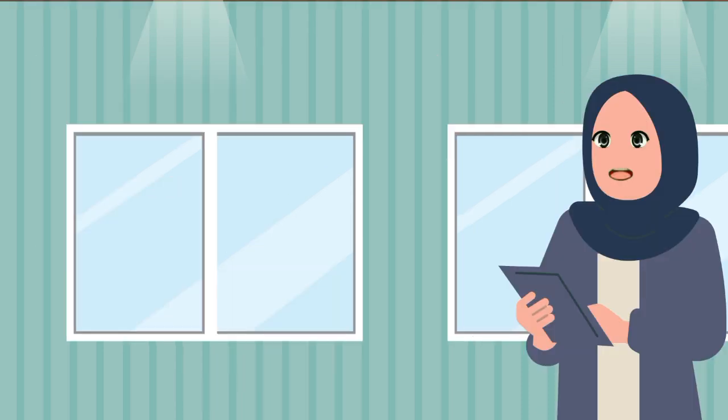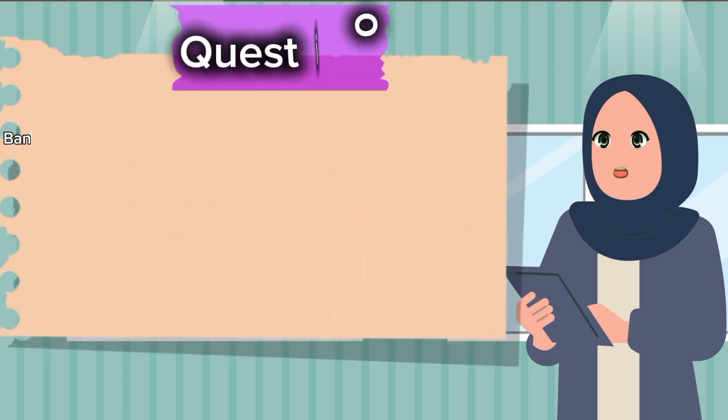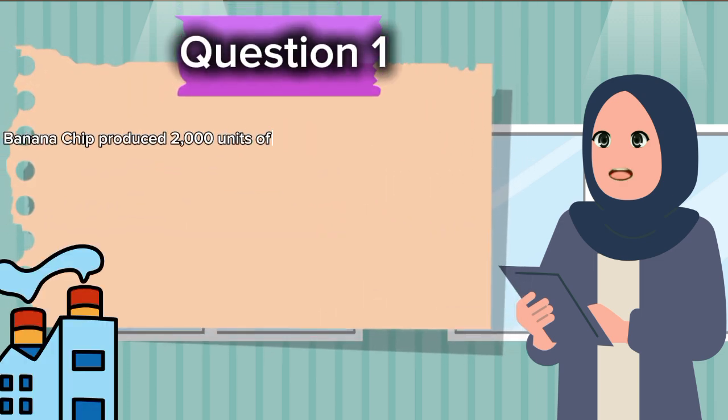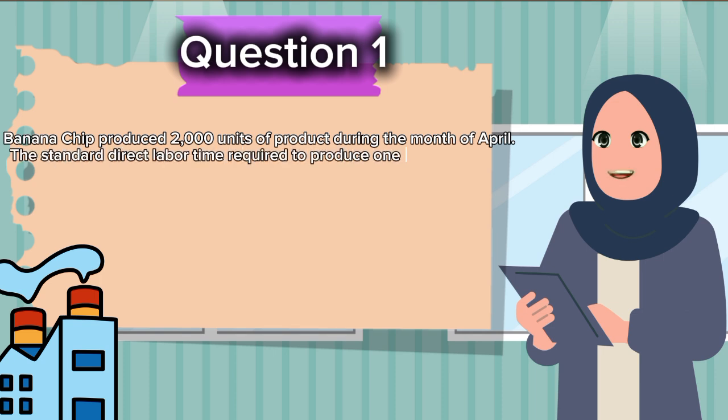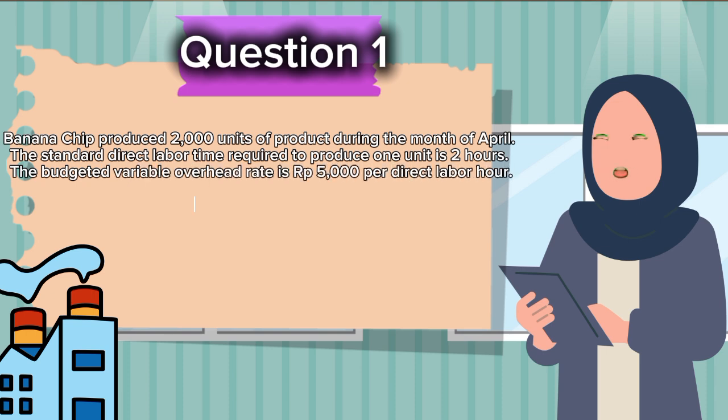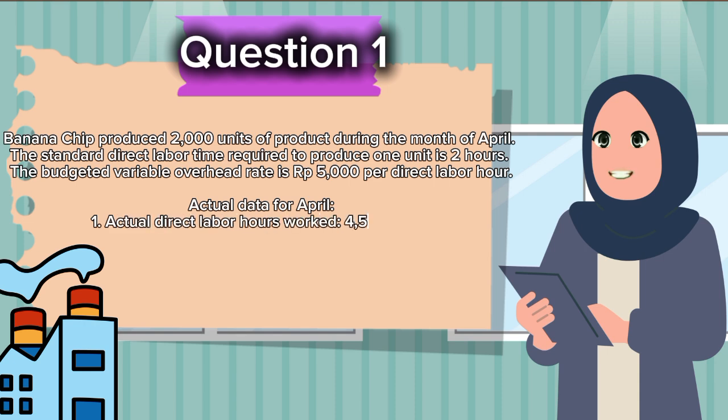Okay guys, here I'll give you a first example. The first question is: Banana chips produce 2,000 units of product during the month of April. The standard direct labor time required to produce 1 unit is 2 hours. The budget variable overhead rate is 5,000 per direct labor hour. And here I'll give you more data for April.